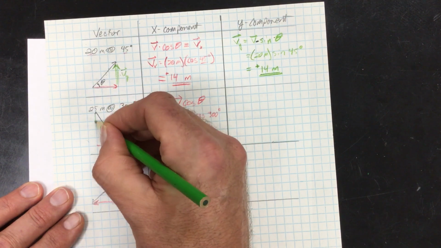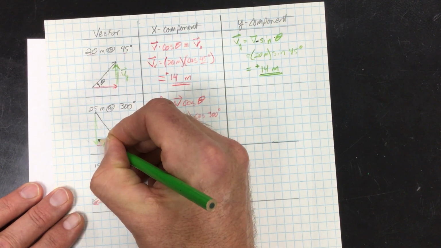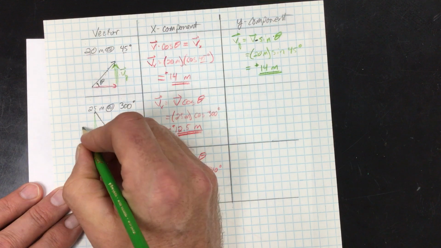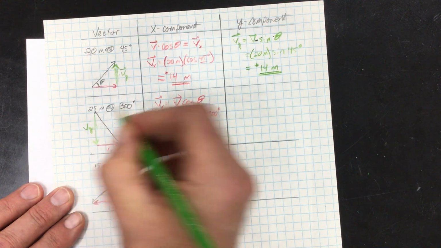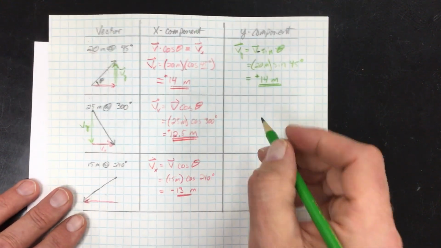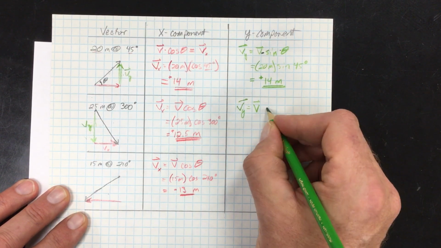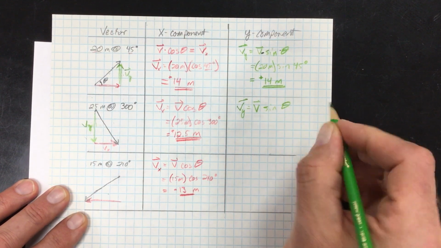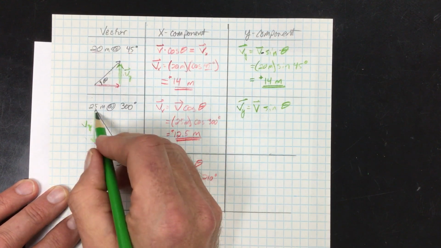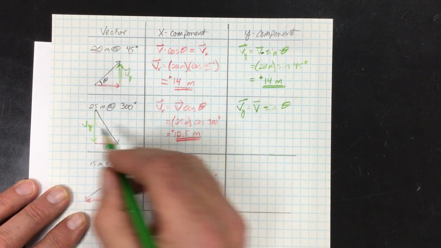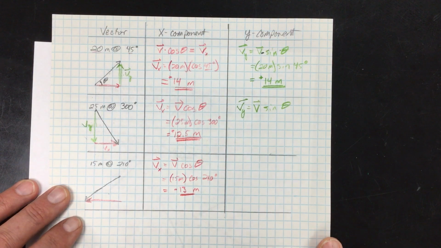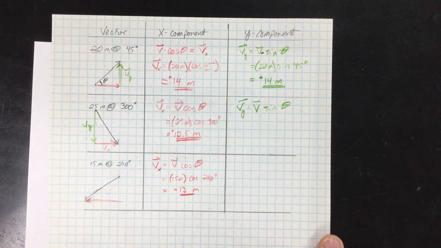Now, here's my y component, and I see it's pointing down. So right now, I already am primed to expect a negative value for that y component. So let's find out. The y component is equal to the original vector times the sine of the angle, because this time, again, here's the angle I'm given, and this is on the opposite side of that angle.